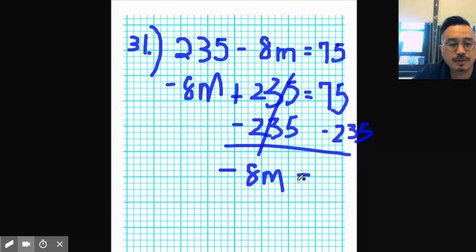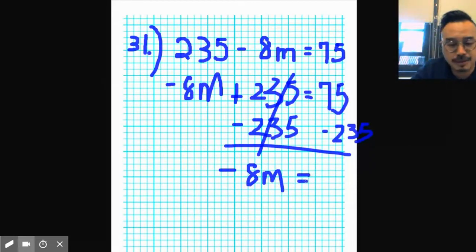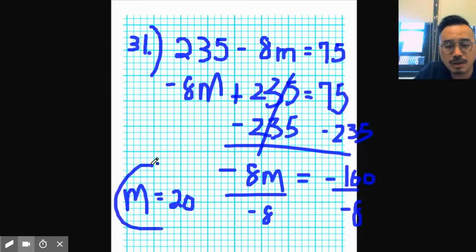Now 75 minus 235. I'm going to go to the calculator. Negative 160. All right, there you go. Even though you're getting negative here at the beginning, you really don't have to worry too much about it because on the other side, you also have a negative coefficient. So you're going to get a positive answer anyways. Positive 20. All right. $20. You can withdraw $20 a week for 8 weeks and still have $75 left.